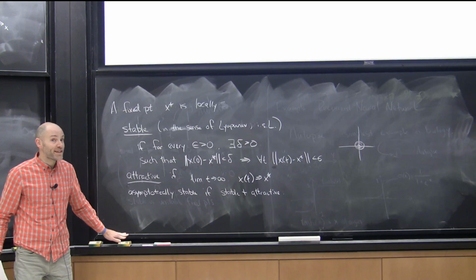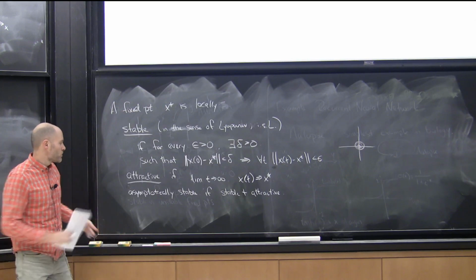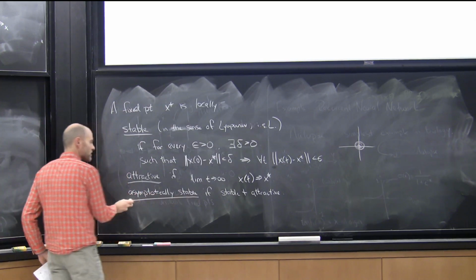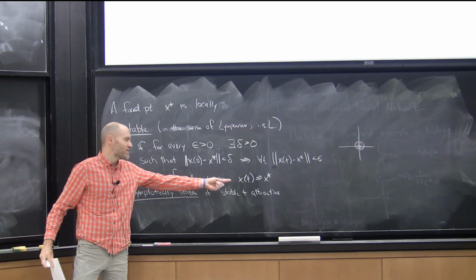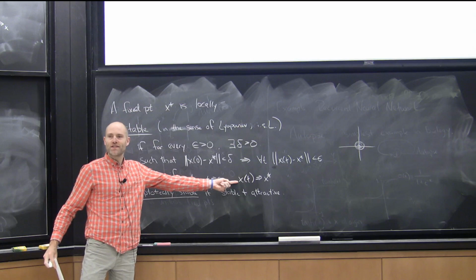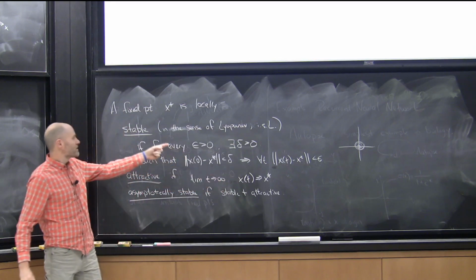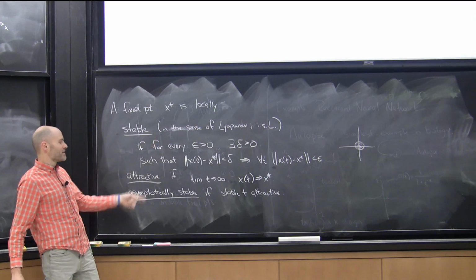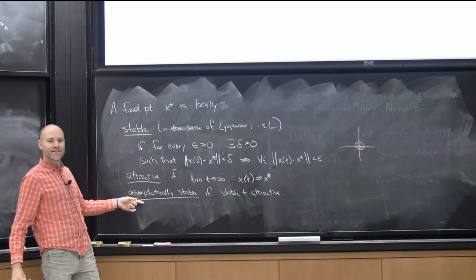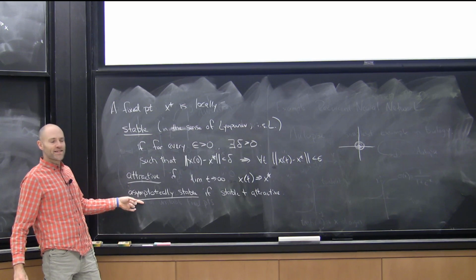Now, if you're really thinking about this right now, I hope you're thinking, how could I possibly have a system that gets to the fixed point as time goes to infinity, but somehow isn't stable in the sense of Lyapunov? Why do I need this extra? Because it could go outside the ball and then back.